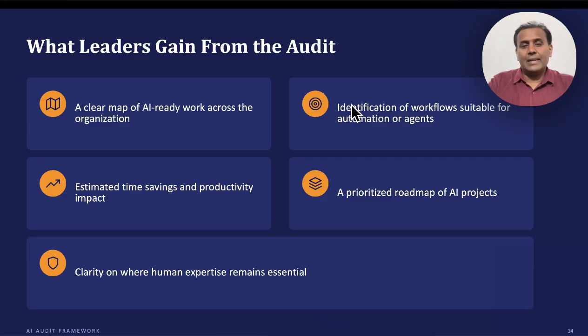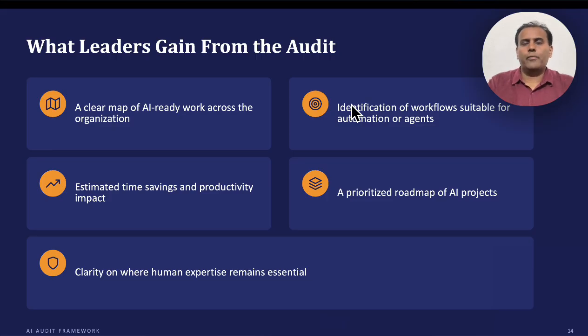You also get an estimated time saving and productivity, and a prioritized roadmap for AI projects. That's critical, so you know how to achieve AI in the next 3 months. You get clarity on where human expertise is needed and where AI is good, so you can start building on that.